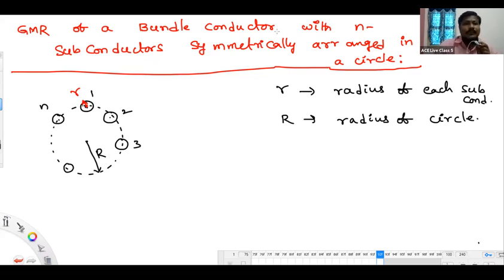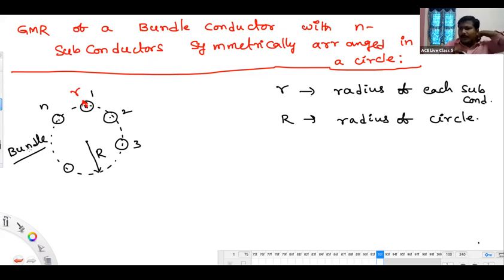Next, it's a very simple one. Now, what is the GMR of this bundle conductor? Tell me, what is the GMR of the bundle? We should take the GMR of 1, 2, 3, and so on up to n. The geometric mean of these n will be the GMR of the bundle conductor.